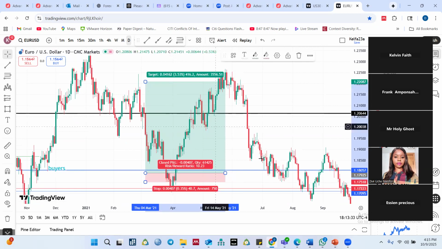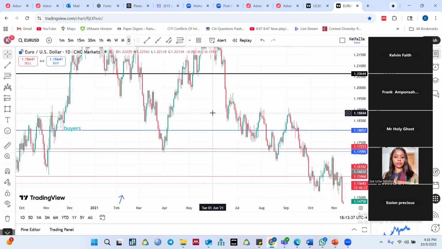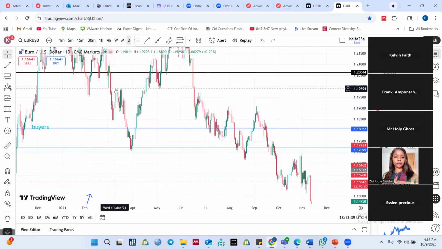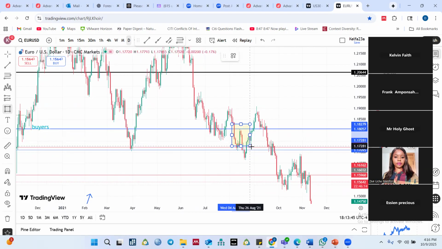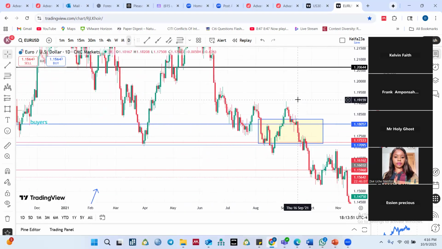Then price reverses or fails to swing, and it comes down. The moment it fails to swing, and we get a body close or indication below our precision support, this is a sign that a sell is coming.